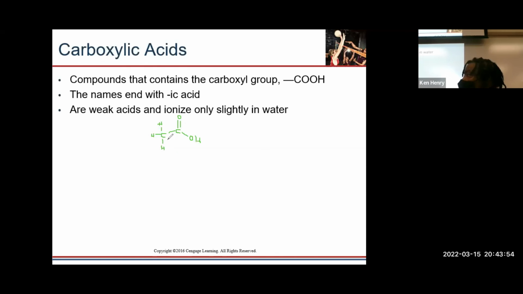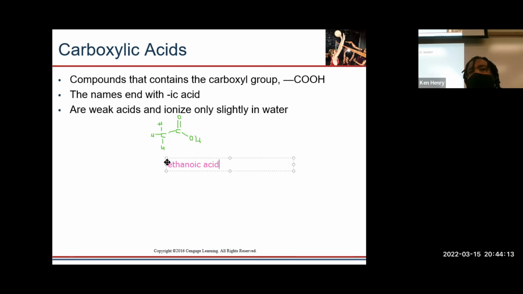this is 1, 2 carbons. So for 2 carbons, what would I use? Eth. Okay, so this one would be called ethanoic acid.